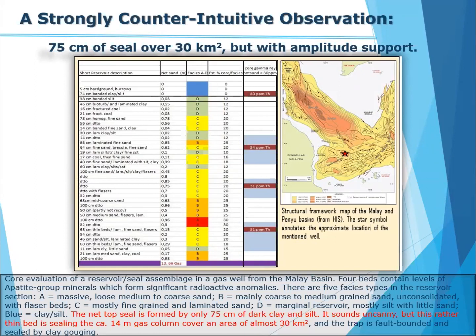Nobody would ever expect this could happen, but it happens. It is so much on the end of the expectation curve for seal that you would say, that will never work, but actually it did. It's maybe close to 1 TCF of gas in that accumulation. Next one.